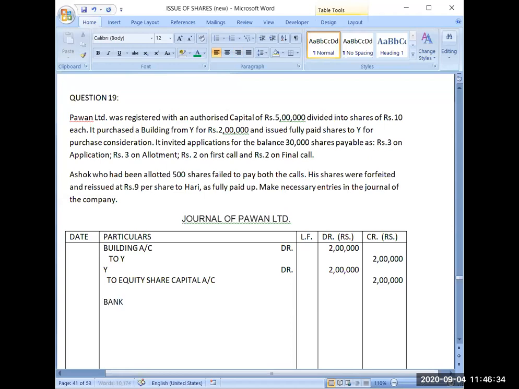So now we will be doing the entry: bank account debit, 30,000 shares at 3 rupees application money, 90,000, to equity share application account, 90,000.